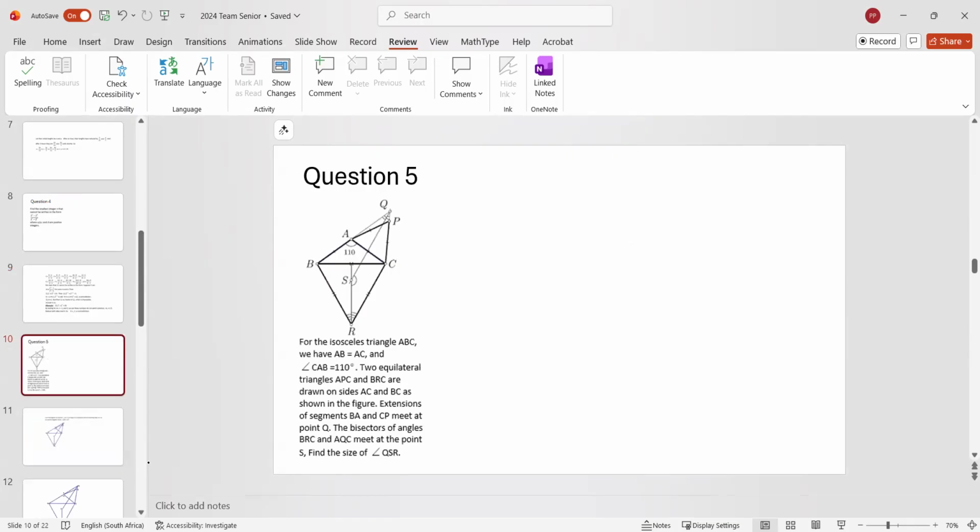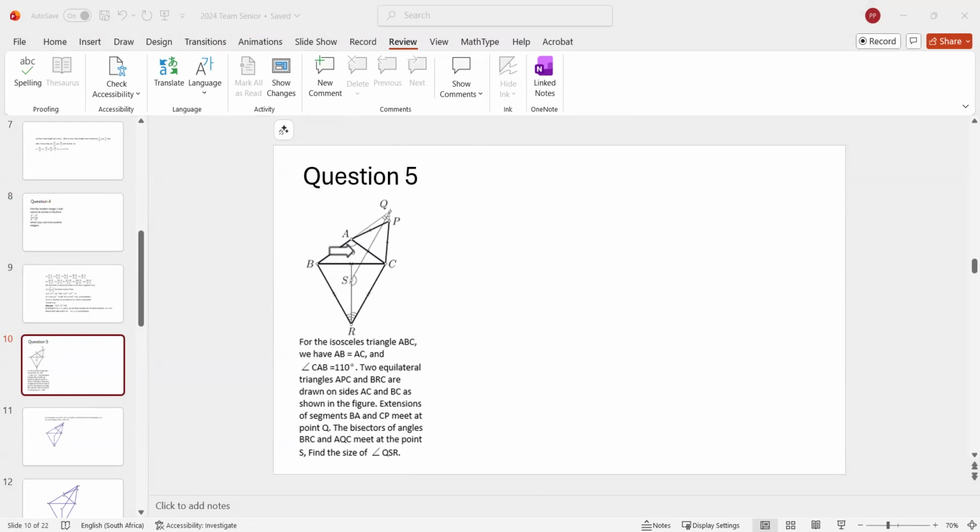A geometry problem. There should always be a geometry problem. Okay, so what do we have here? For the isosceles triangle ABC, so this is isosceles, AB equals AC. All right.